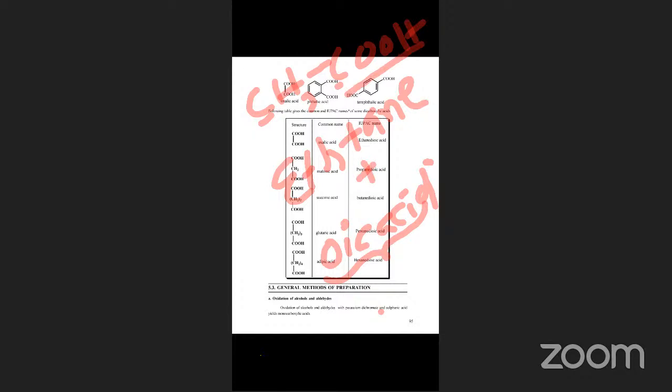What is the complete name? Ethanoic acid. General name is acetic acid, vinegar. You know that vinegar. CH3COOH, the general name is vinegar, and the IUPAC name is ethanoic acid.